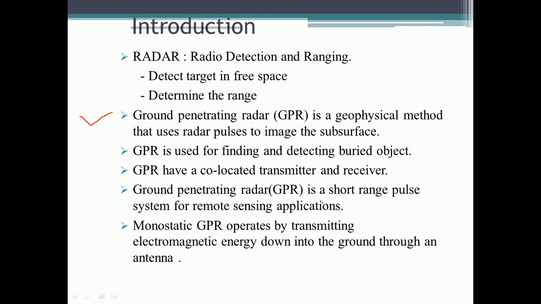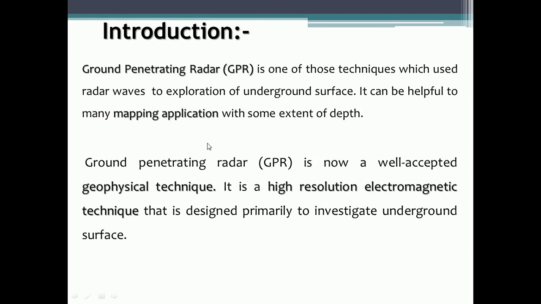It is a short range pulse system for remote sensing applications, having a transmitter as well as a receiver. This is an instrument we use to find out the condition of the pavement, having a transmitter as well as a receiver unit.